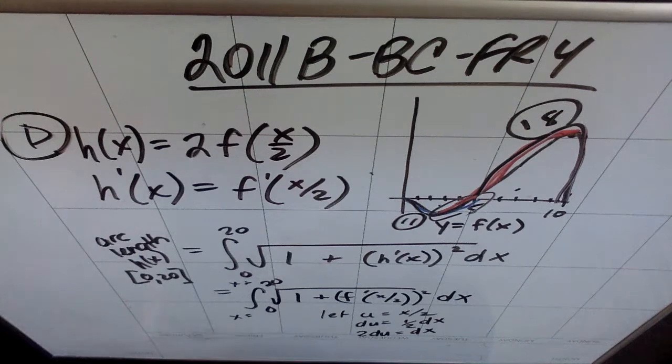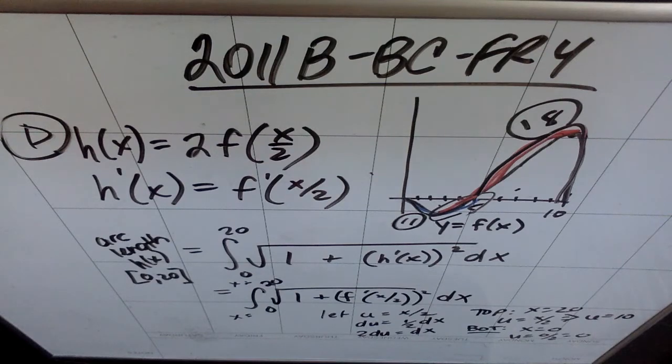So if I change them to u's, I'm going to have to change the bounds. My top bound was x equals 20, but we know that u is x over 2, so I'm going to get u equals 10 as my top bound. And my bottom bound was x equals 0, and if I do 0 over 2, my u is also going to be 0.